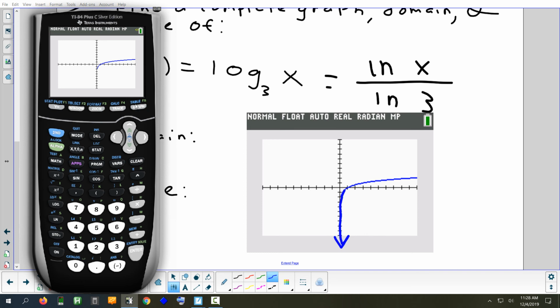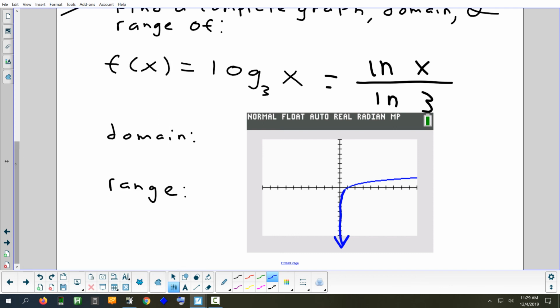Well, go to your table and type in, since I reset the memory on my calculator, I need to put a few things back the way they were. Type in 0.00000001. You get -16. That graph is definitely not stopping at -2. It's going down forever. Okay, so that kind of answers part of this question.